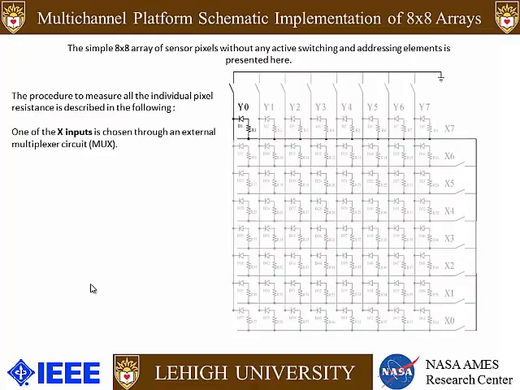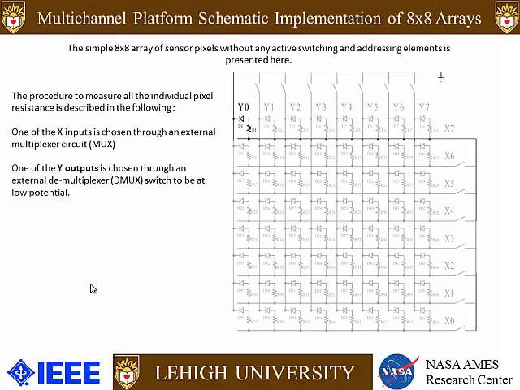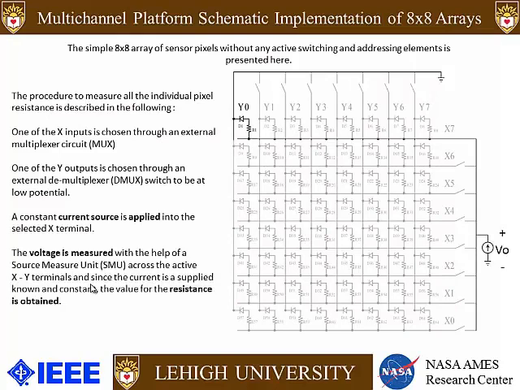First, one of the switches is closed, making one of the rows accessible to the external SMU that I will present later, followed by one of the Y switches being closed, providing a path to ground for the current to flow through. Then the current is applied through the external SMU, so the current is flowing through that resistor, through that diode to ground, and by measuring the voltage at that node, we can extract the resistance of this individual pixel, along with the series resistance of the diode, of course.